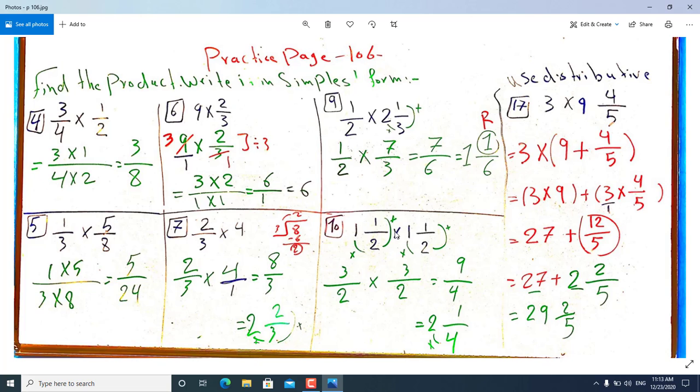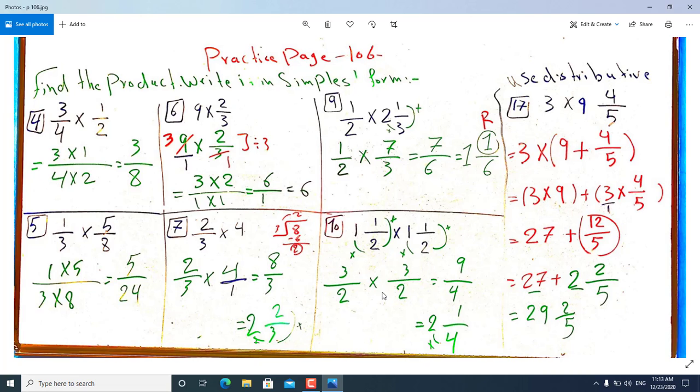From number 10 also we have a mixed number. Before everything we will solve the mixed number. 1 times 2 is 2. We add 1, it will be 3. And the denominator we don't change. Then 1 times 2 is 2, with 1 it will be 3 over 2. After that, we look at them. Between 2 and 2, we don't have any common factor. Also between 2 and 3, we don't have any common factor.